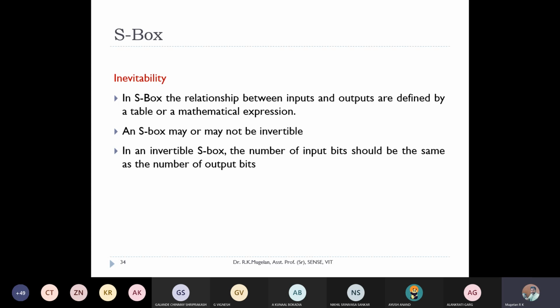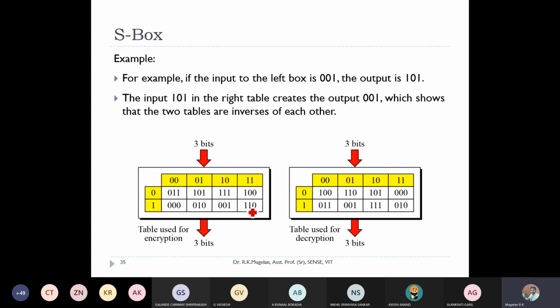If you see an example here, it is a 3 cross 3 S-box. I'm having a 3-bit input, which is going to give me a 3-bit output. The left hand side is the encryption end, and this is the decryption end, and this is the S-box used in the encryption part. The inverted version of this S-box is this one, which is going to be used in the decryption end.